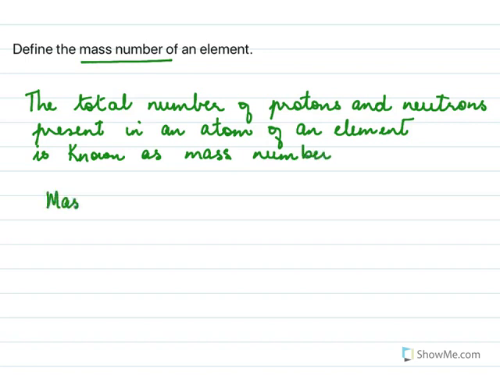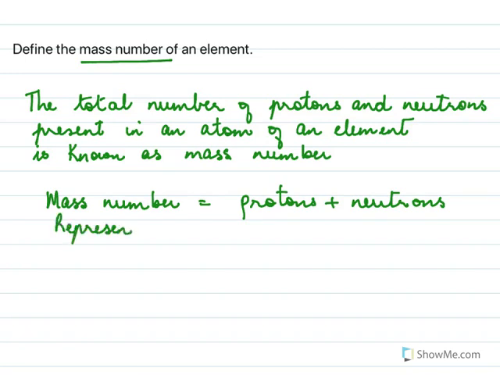So mass number equal to protons plus neutrons, and it is represented by the letter A.